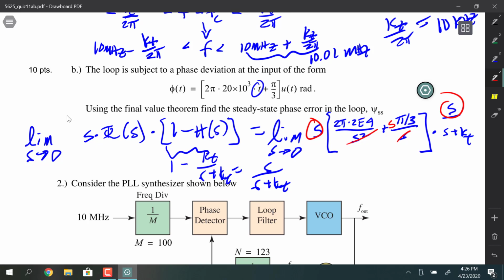So letting s go to 0 now is going to mean that the second term is going to be nothing, and the first term now is going to be 2π times 2e4 over s plus KT. Remember, the two s's got absorbed already, so we're going to have that.